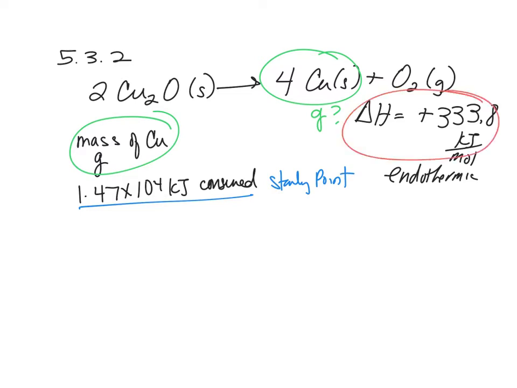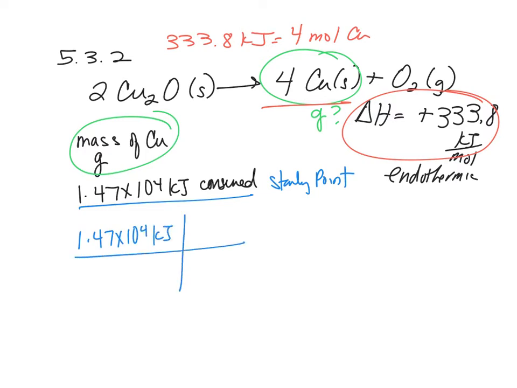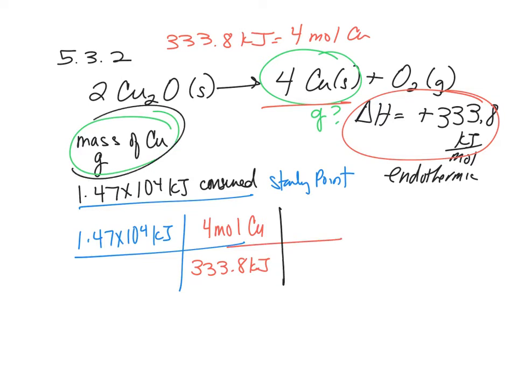So our conversion factor is 333.8 kilojoules equals 4 moles of copper. So now we can start with our given, 1.47 times 10 to the 4th kilojoules, and we can go here, 333.8 kilojoules for 4 moles of copper, and then we want mass of copper.